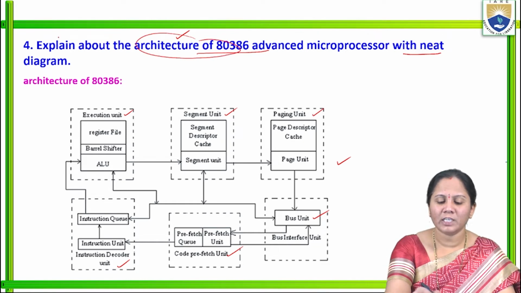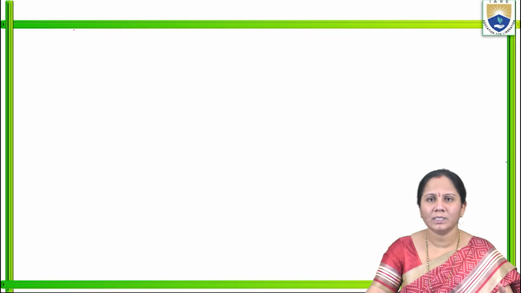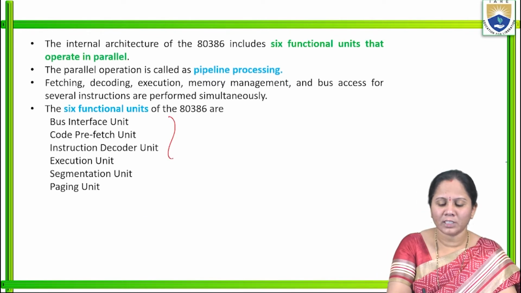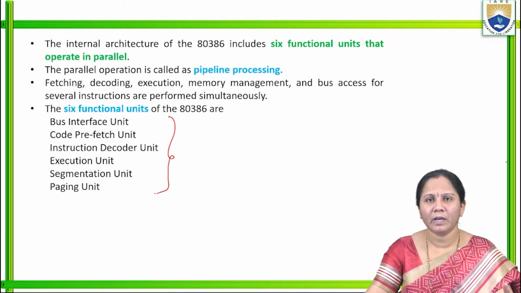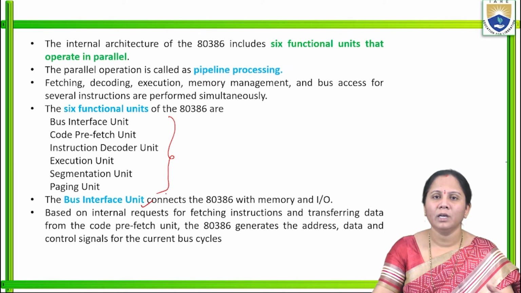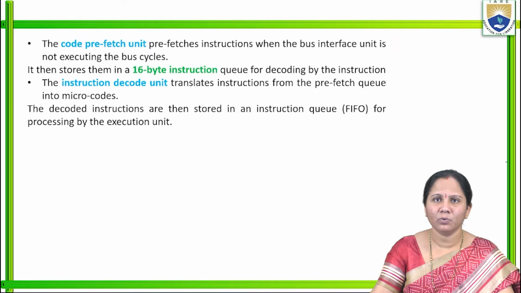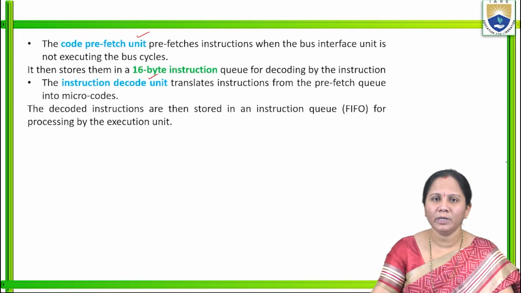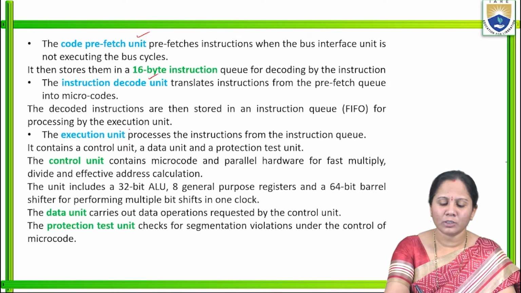And we have to explain about the function of all these 6 blocks. So here all these are the 6 blocks. So we have to explain the function of each block. So this is what about the function of the bus interface unit. Next, code prefetch unit, instruction decode unit, and execution unit.